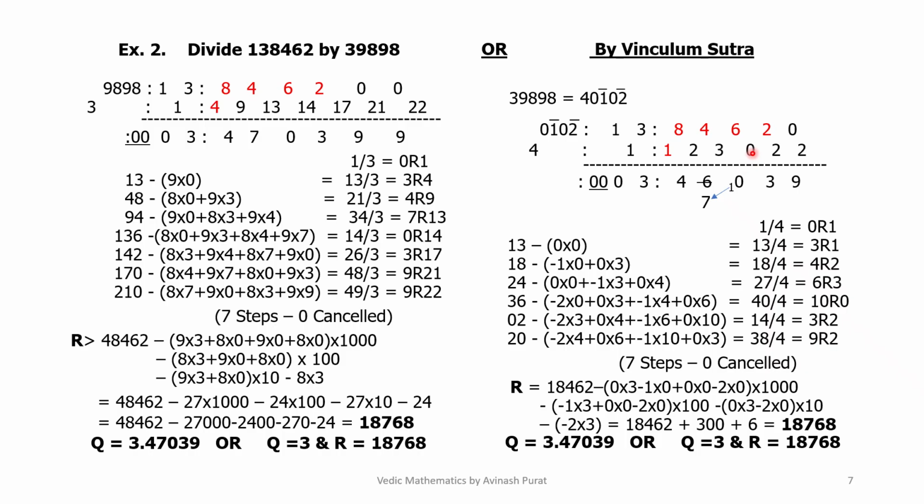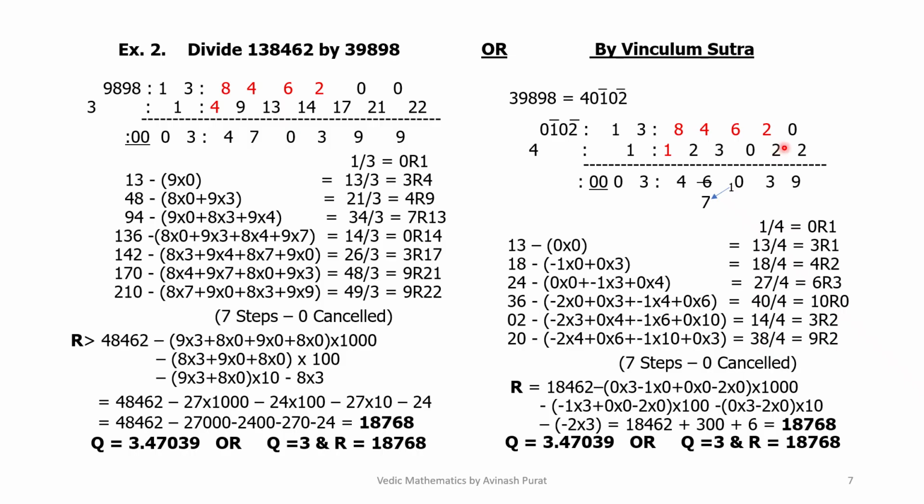Next dividend is 02 minus 2 into 3, 0 into 4 plus 0 into 4 plus minus 1 into 6 plus minus 0 into 10. So that equals 14 divided by 4, which gives us quotient as 3 and remainder 2.